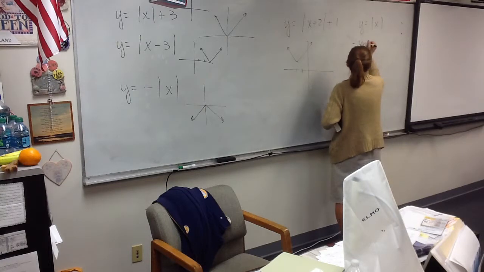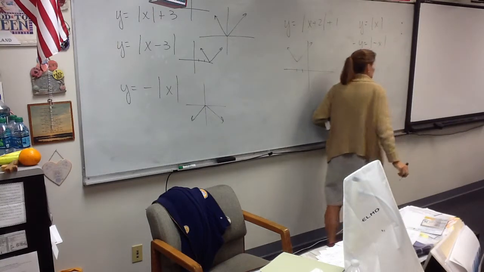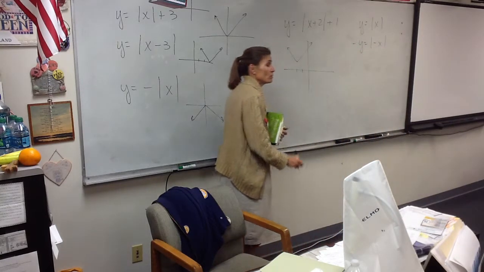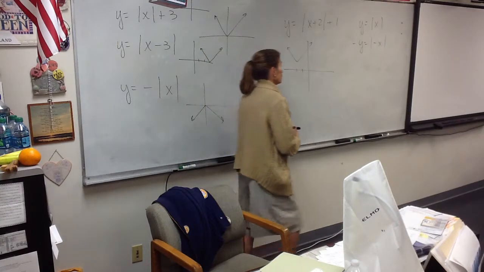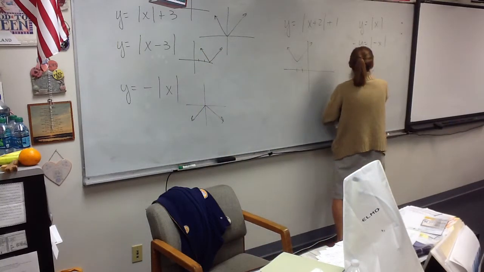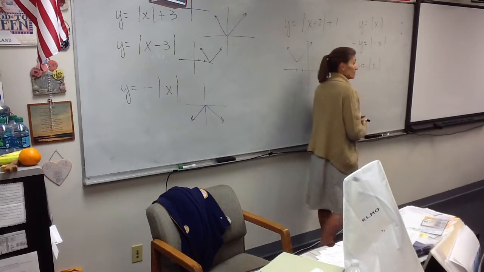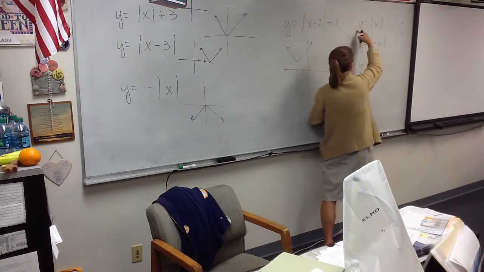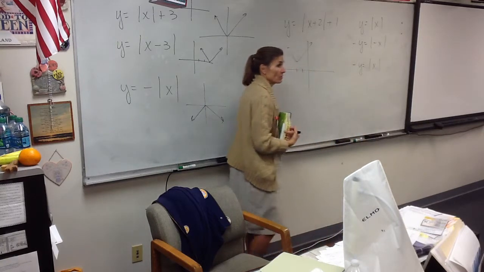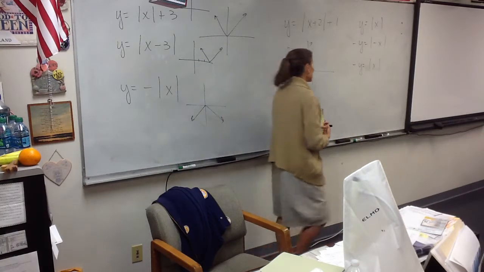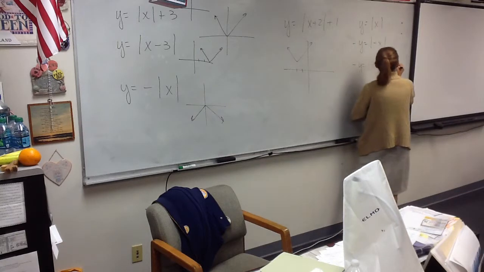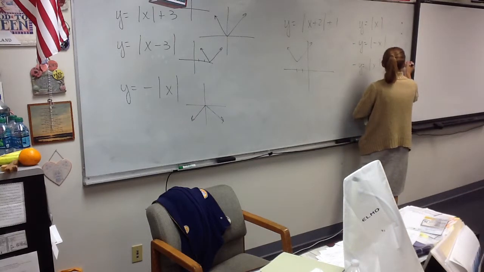Switch both signs. That's exactly right. Somebody said it. Switch both signs. That's your test of symmetry for the origin. Now, what is the absolute value of negative x? It's the same as the absolute value of x, right? Is this equation the same as the original one I started with? No. So it is not odd. There is no symmetry about the origin, so it's not odd.